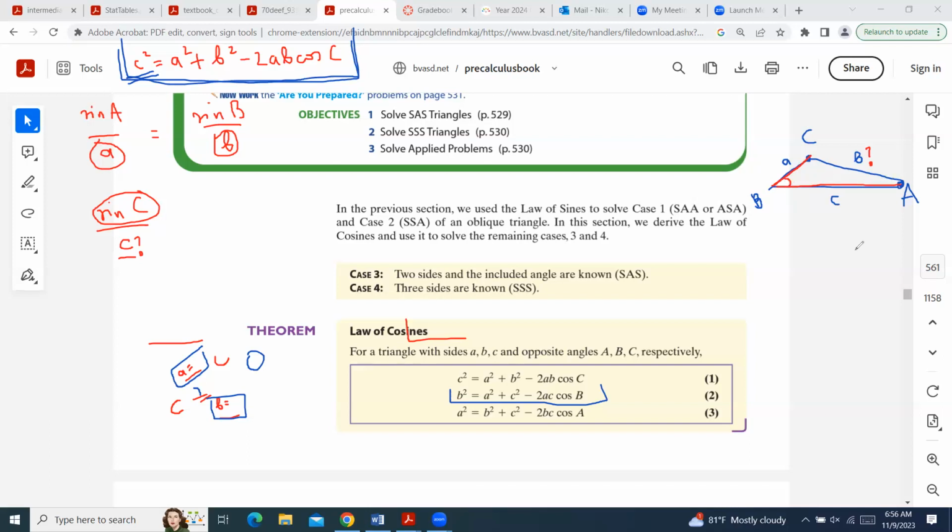So we always have two sides and the angle in between of them, and that way we use this little law of cosines.